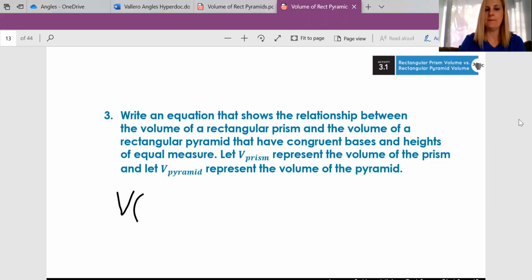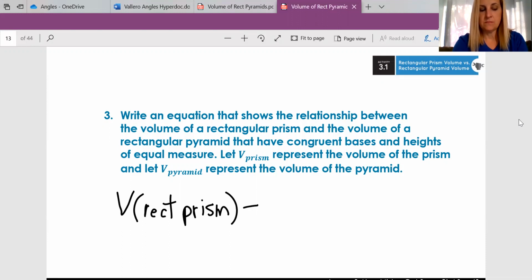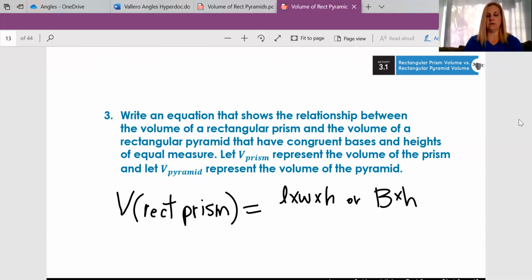The volume of a rectangular prism, and I'm going to put REC here because the base is rectangular, is equal to the length times the width, which is the base, times the height. Another way of writing that is the area of the base times the height. And that's for the prism, this one here.